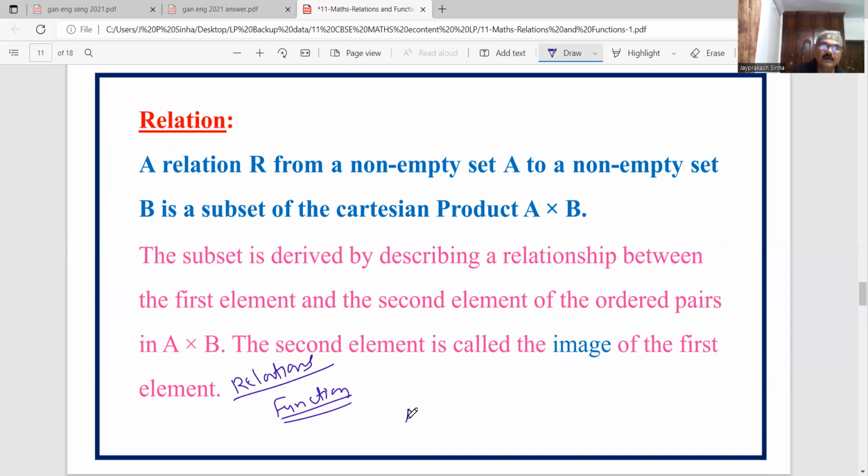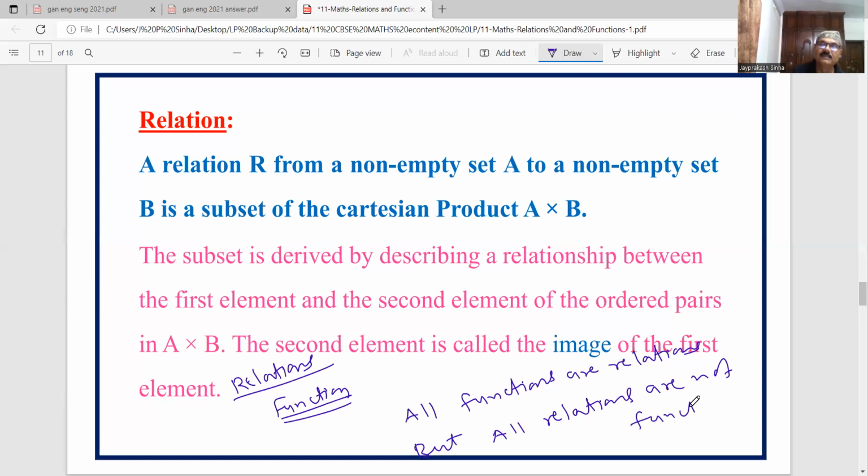All functions are relations, but all relations are not functions.